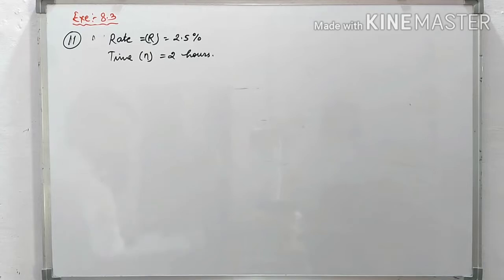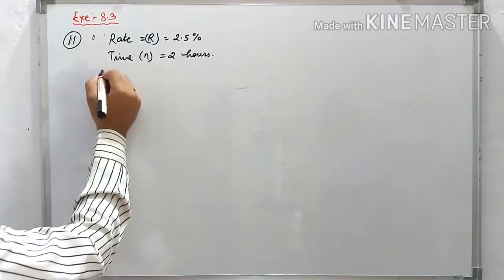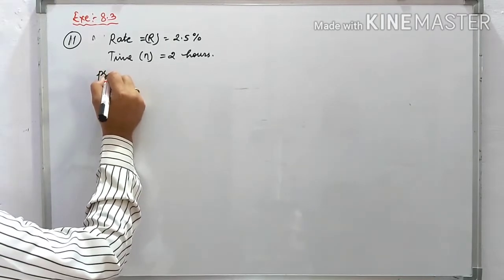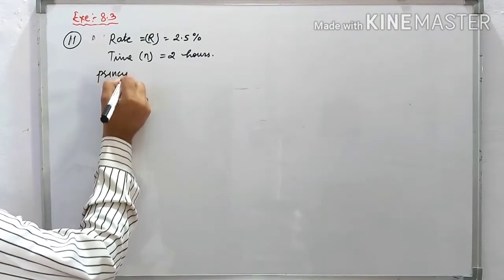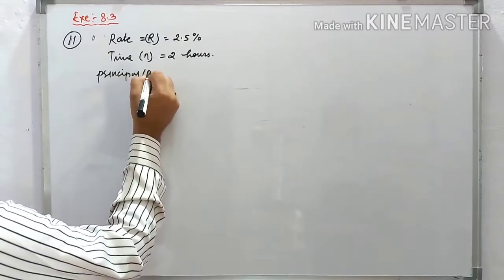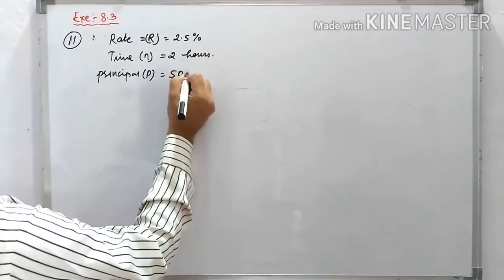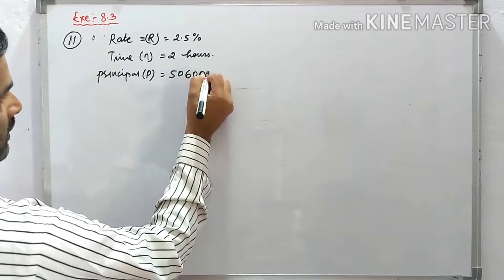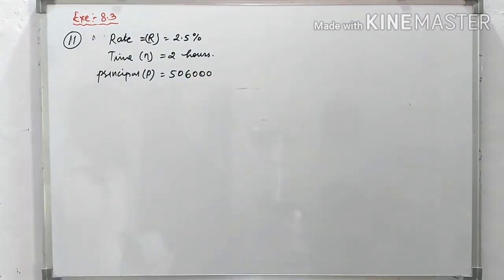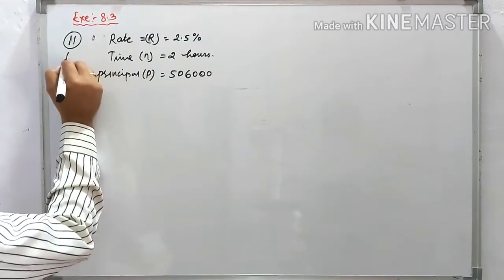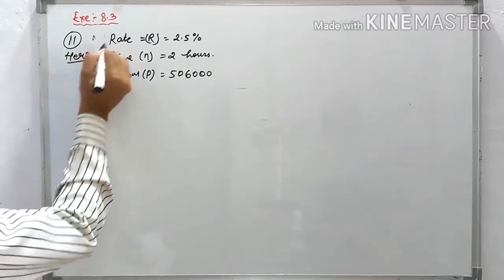The count was initially 5,06,000, which means the principal P is 5,06,000. That is the given information.